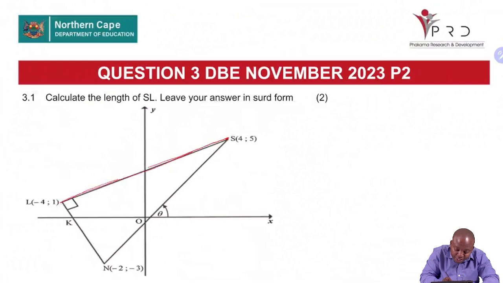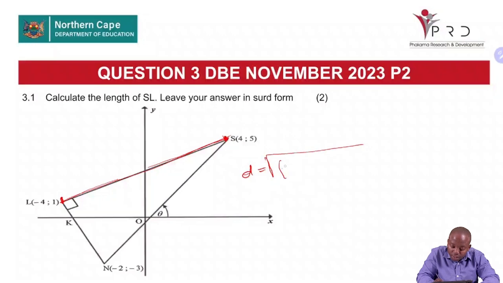To find this particular length, what are we supposed to use? We're going to use the distance formula. The distance formula is the square root of (x1 minus x2) squared plus (y1 minus y2) squared.